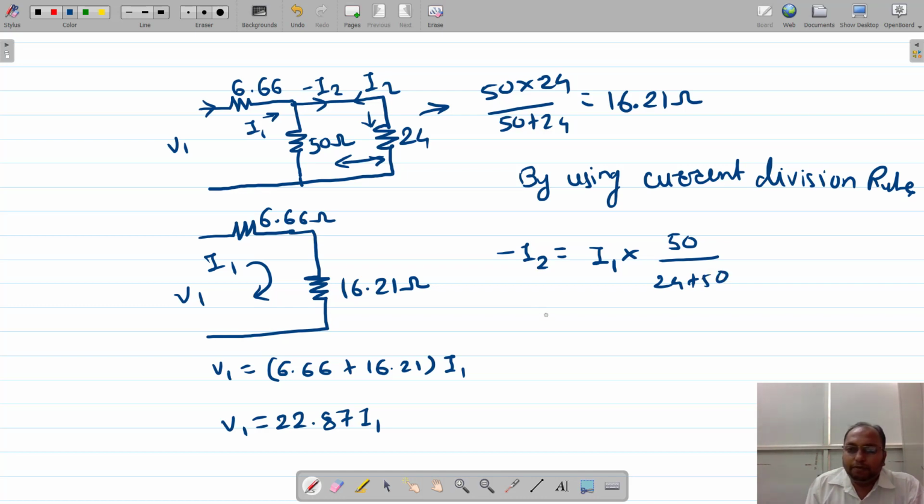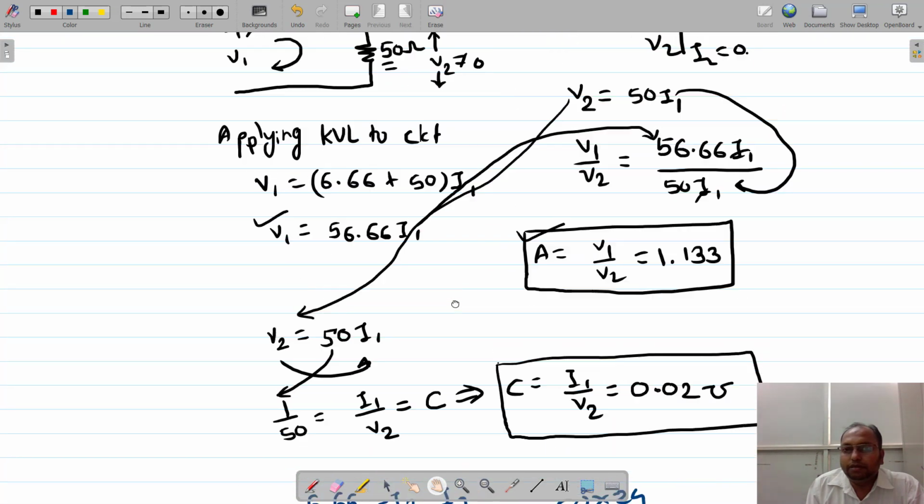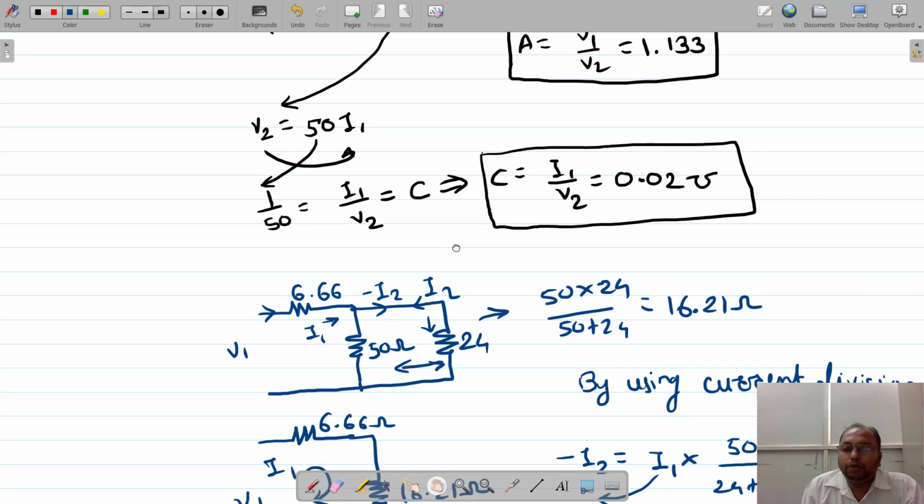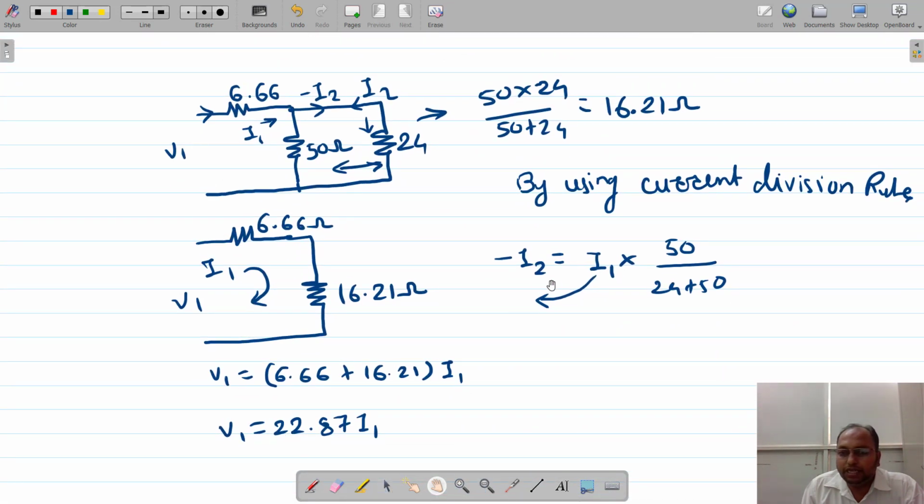If I take this I1 term to the left hand side, can I get D? Yes, if I take the ratio of I1 to I2 and inverse it, I'll be getting D. So let us find it out first.